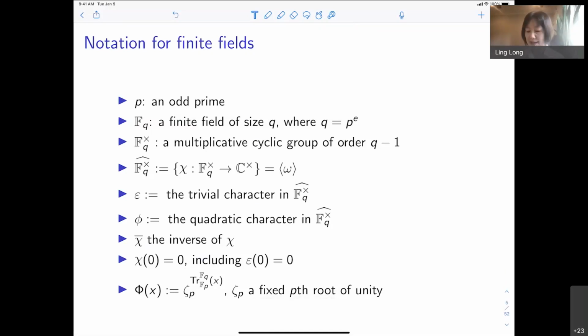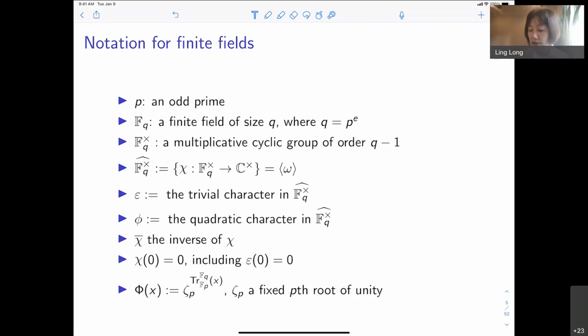The other convention we're going to set: when extending to 0, all multiplicative characters at 0 will take value 0, including the trivial character. Other textbooks use 1 for the trivial character, but for our convenience we would like to make everything multiplicative, so the value at the trivial character will be 0 as well.